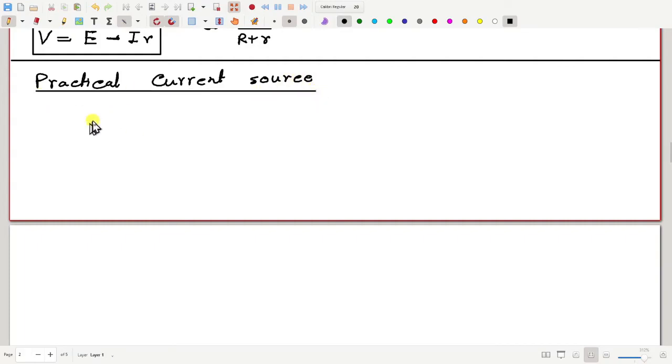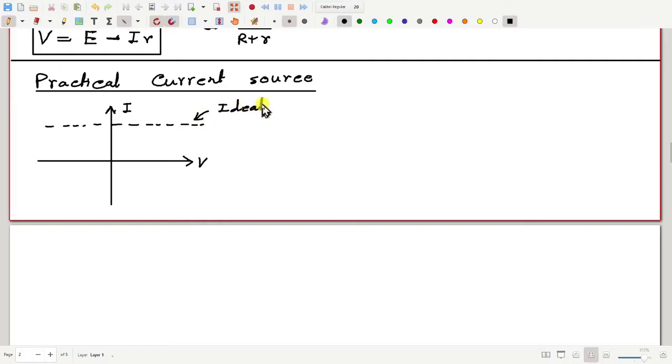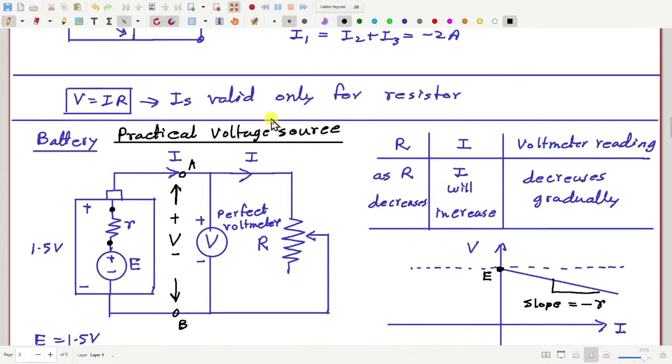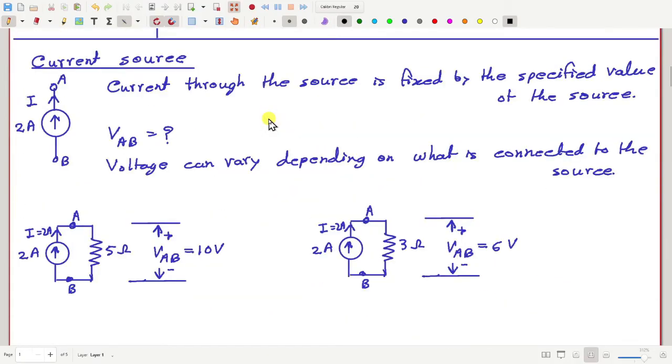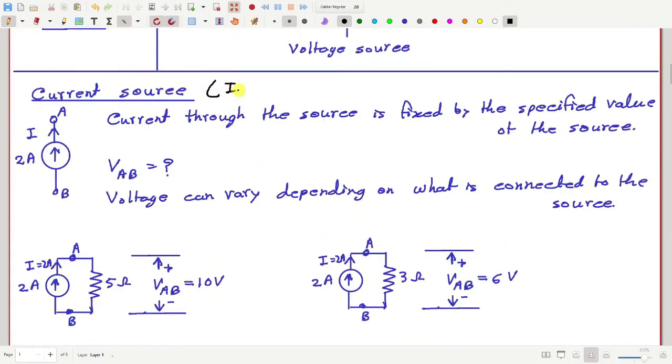You know that for an ideal current source, if this is the current I and this is voltage, then this current should remain constant irrespective of the terminal voltage. So this is the case for an ideal current source, or a perfect current source, which we studied earlier.